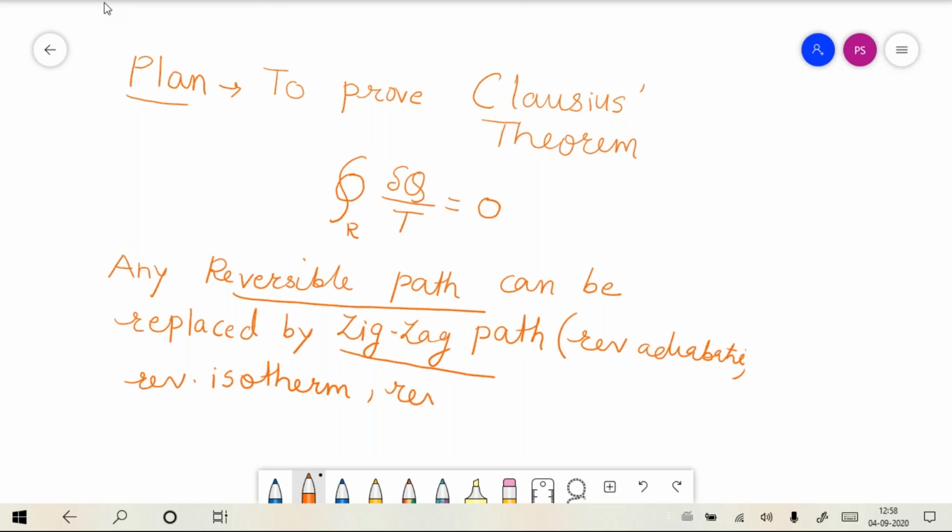It means that any reversible path is equivalent to a set of three processes comprising of two reversible adiabatics.